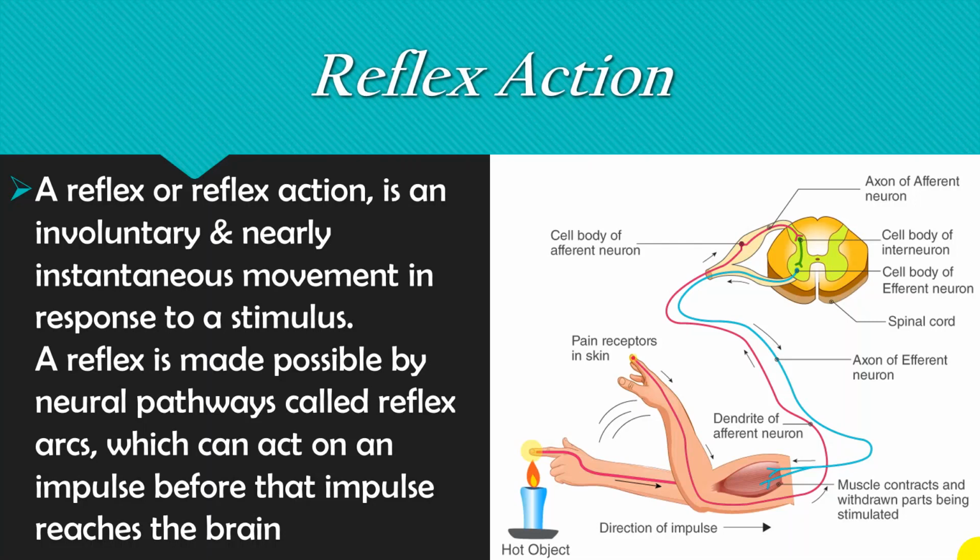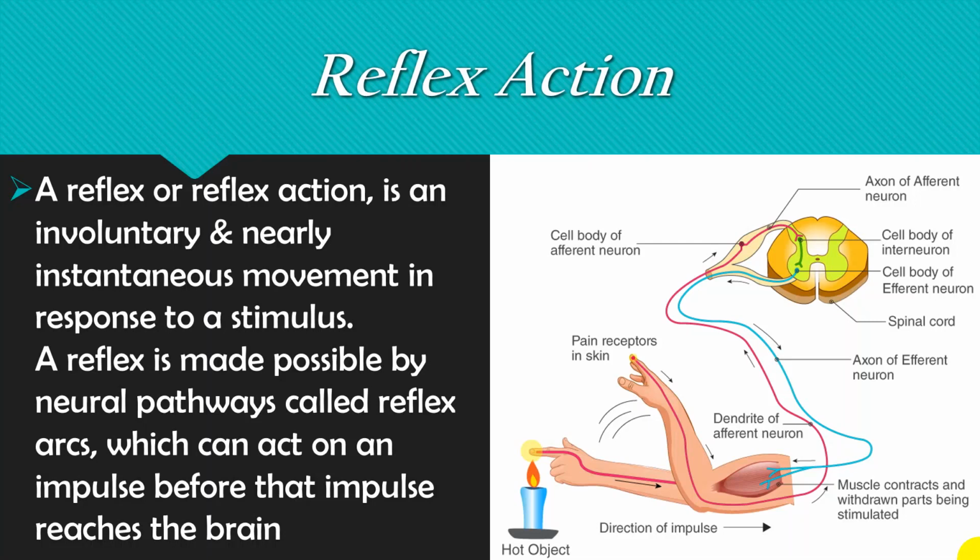A reflex is made possible by neural pathways called reflex arcs, which can act on the impulse before that impulse reaches the brain. Reflex actions are usually conveyed through spinal cord by a path called reflex arc.